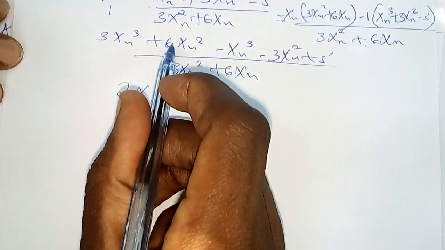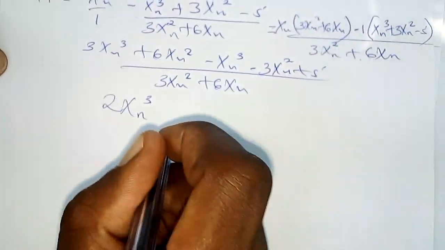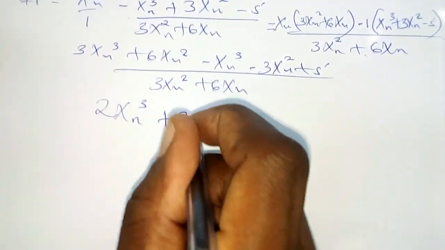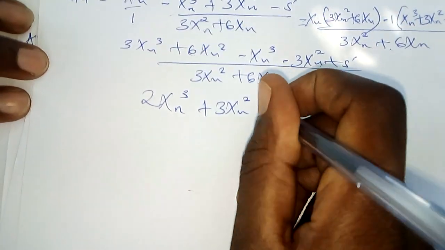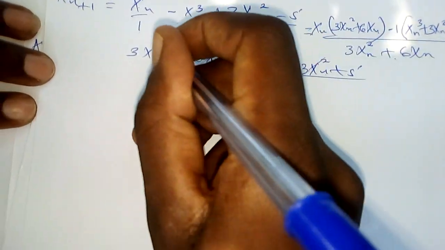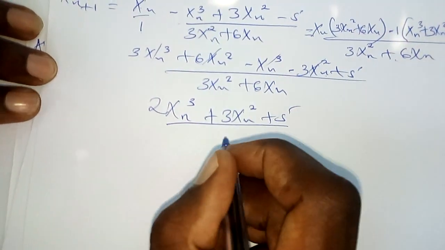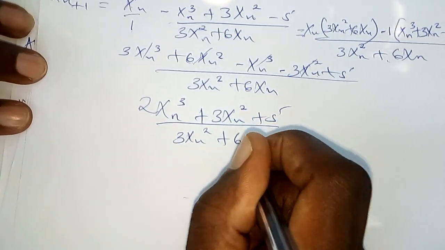Sorry, it was squared. We have plus 3xn squared. Then we have 5 plus 5. This one out, this one out. So you have all over the general denominator, which is 3xn squared plus 6xn.